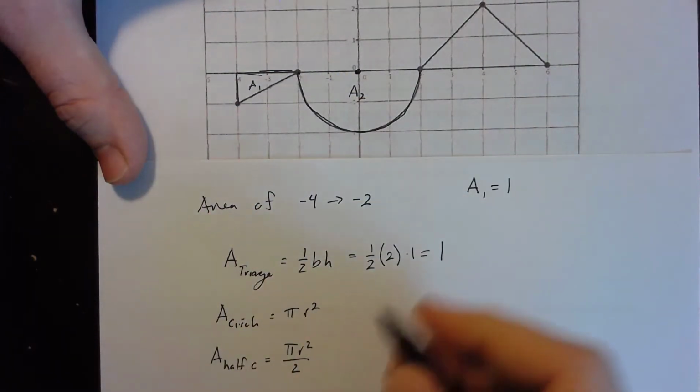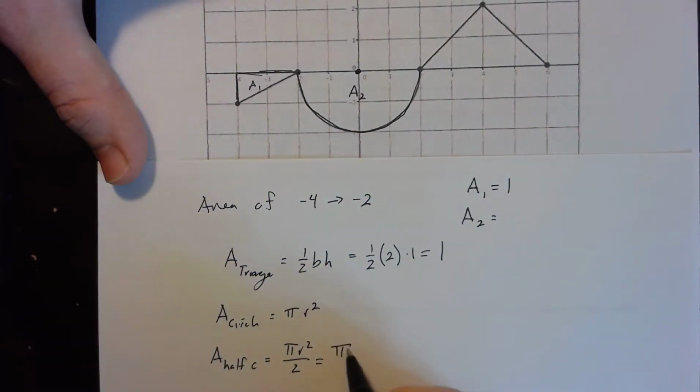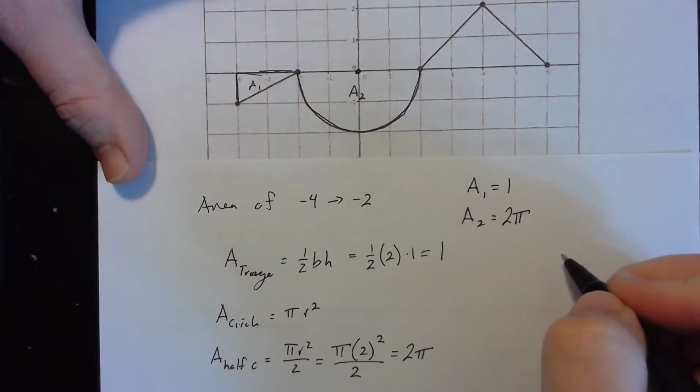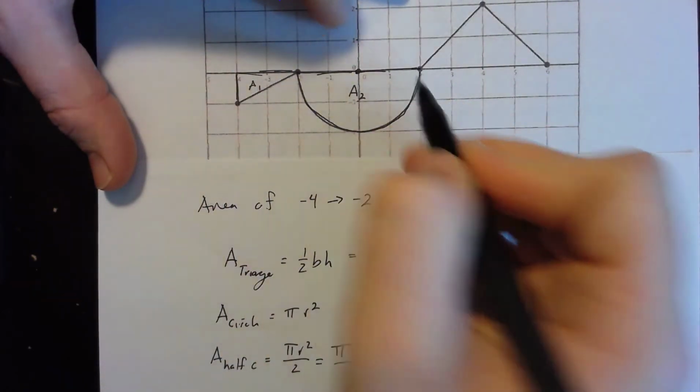So the area of the second space is simply going to be pi, my radius value is 2 squared, divided by the fact that I'm cutting this circle in half, 2. That provides me with canceling those values out, 2 pi. So the area of the second section is simply 2 pi, and that's the area in this provided region here.